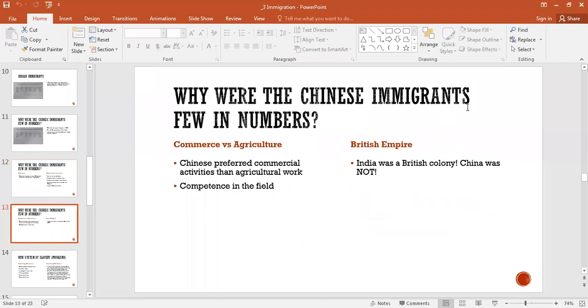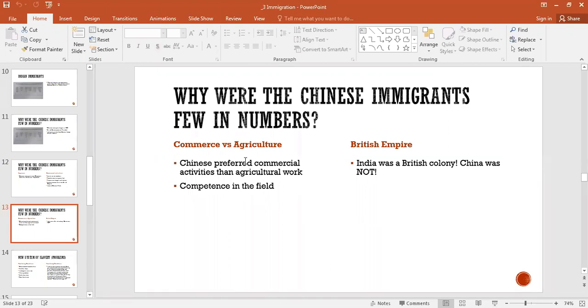Now let us also look at another reason, the discussion here about business versus agriculture. I don't agree with it. That is my personal view, but that is what I've seen in the textbook, because I've seen a lot of videos on China, and I realized that China is also an agricultural society.